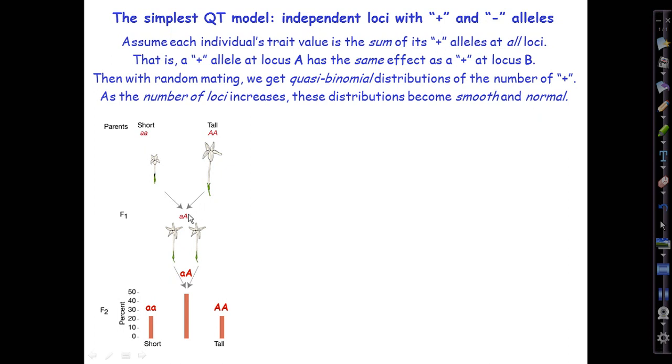He was a tobacco breeder, and he had actually a strain of tobacco, Nicotiana, that had relatively short flowers, or corollas as it's called in the trade. That's shown here in this cartoon by these little flowers. And he had another inbred true breeding strain where everybody was tall flowered.